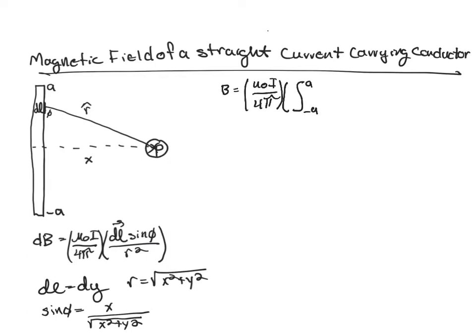And we're going to sub in x times dy over x squared plus y squared raised to the 3/2 power. Alright, so next we're going to integrate, and I looked this up in an integral table. Integral tables are nice.